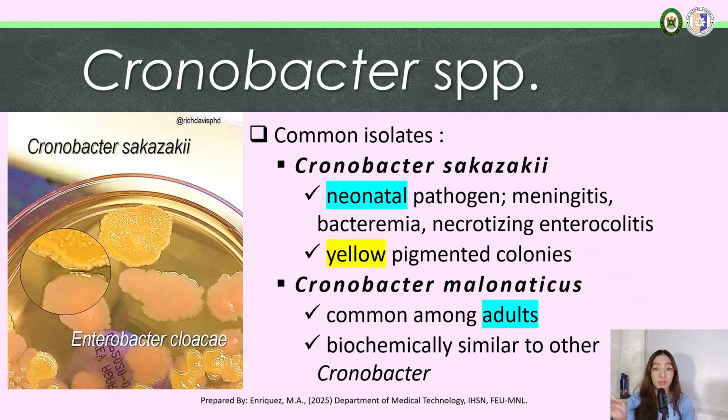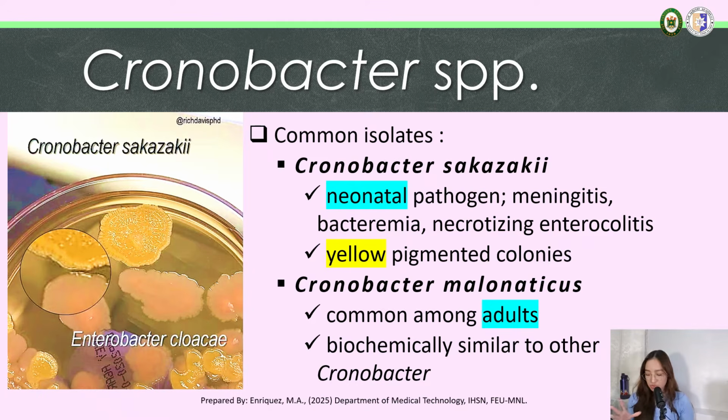So on this photo, we're able to see, ayan po, no, on MacConkey agar, this is a mixed colony of Enterobacter cloacae and Cronobacter sakazakii. So nakikita po natin those colonies that are capable of producing yellow pigments. Those are Cronobacter sakazakii. So again, Cronobacter sakazakii is a neonatal pathogen.